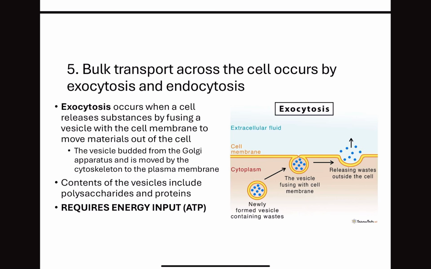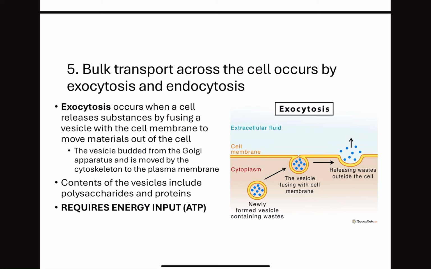So we have something called bulk transport across the plasma membrane, and it can occur by either endocytosis or exocytosis. So we're going to have small solutes in water that enter and exit the cell through the lipid bilayer or through our transport proteins.